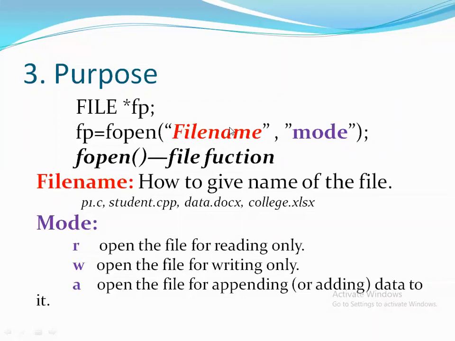And you must specify the purpose of the file also. Now I want to open a particular file with the reading purpose, write purpose, or append purpose. So the entire information is assigned to fp.